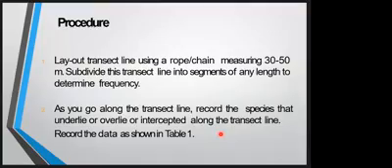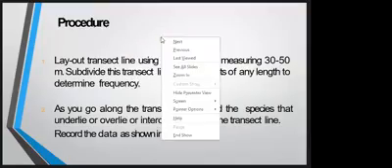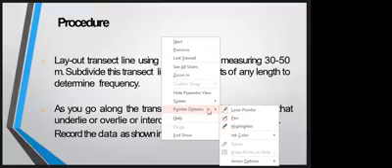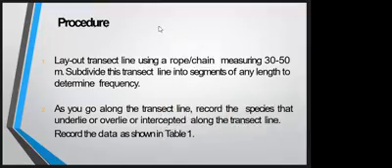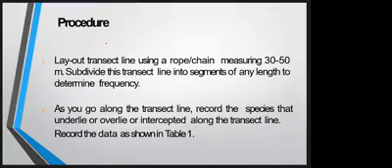So the procedure is you lay out a transect line using a rope or chain. So for example, having this kind of, let's say, transect line.